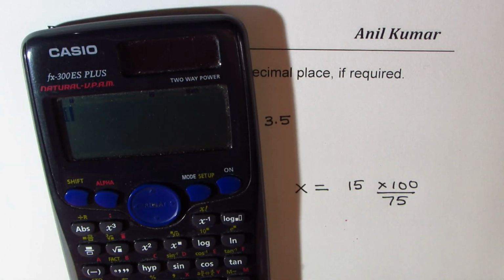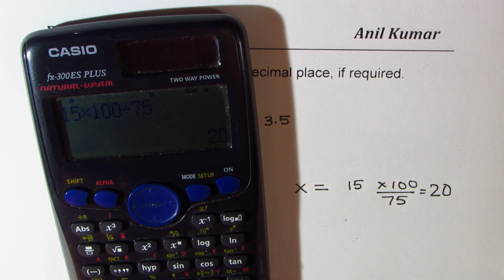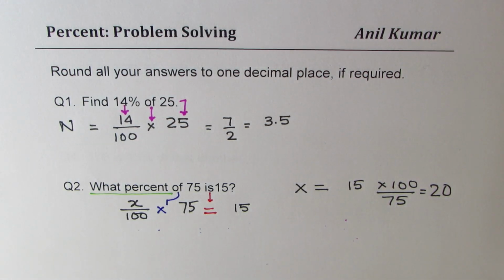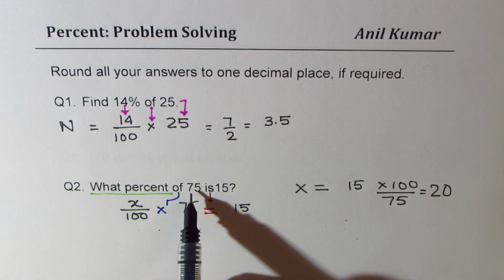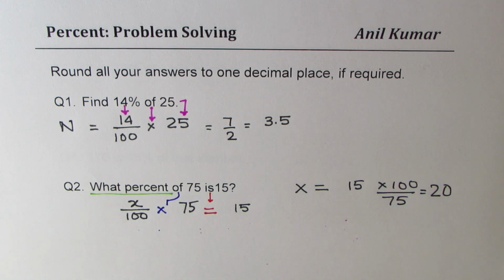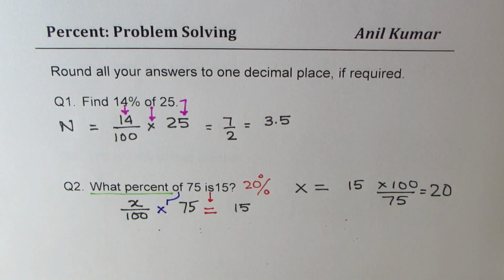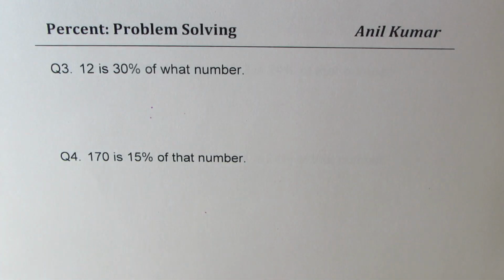So let's do it. 15 times 100 divided by 75 is equal to 20. So what percent of 75 is 15? The answer is 20%. Correct? 10% will be 7.5, 20% will be 15.